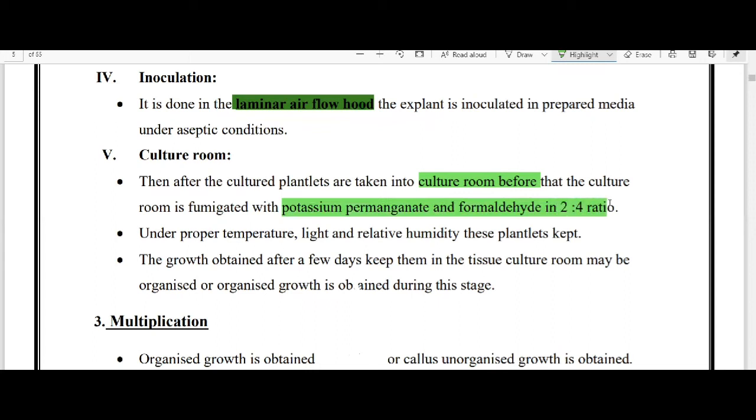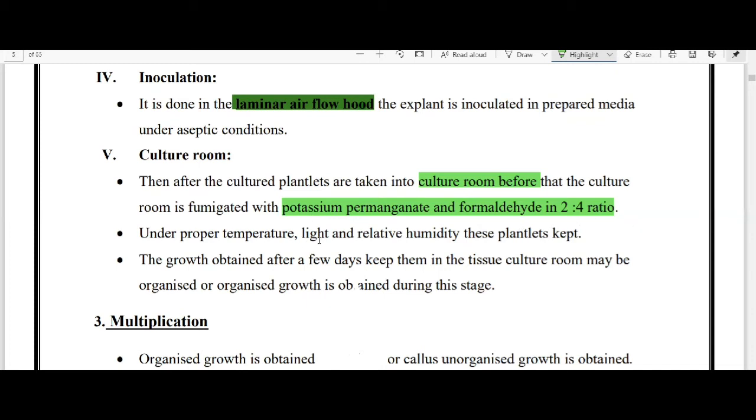The culture room is a room where after the inoculation, the explant lives for about 20 to 30 days, in which the growth of the explant occurs. So before that, the culture room is fumigated for a certain time with potassium permanganate and formaldehyde in 2:4 ratio.